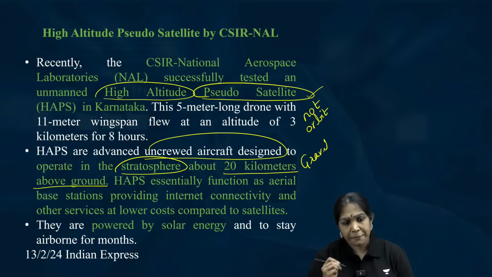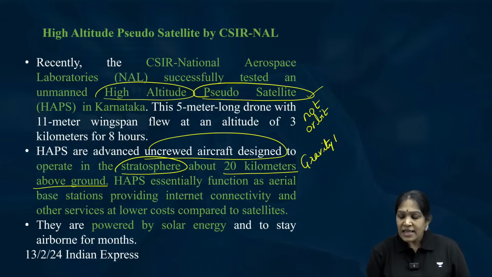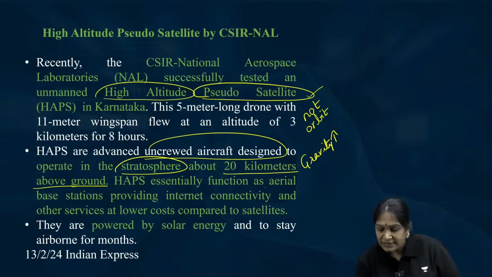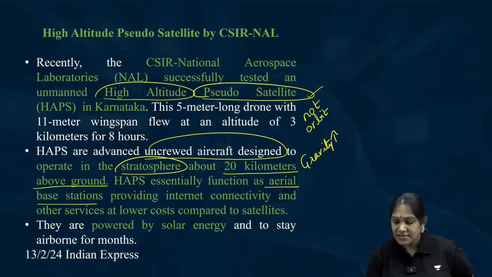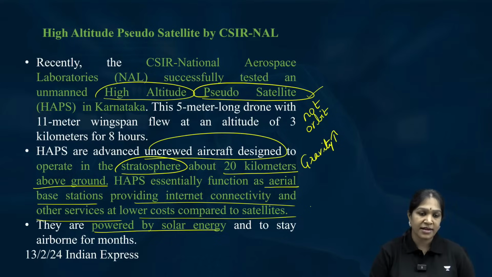At that gravity, it cannot orbit. It will collapse onto the earth. They essentially function as aerial base stations providing internet connectivity and other services at low cost. They are powered by solar energy.